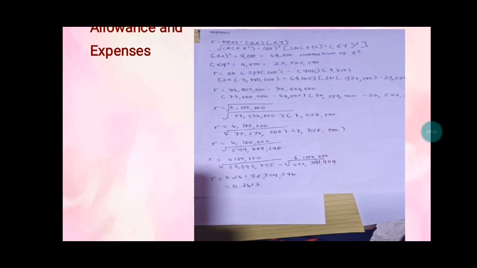Then, i-kakopy lang natin si R, si 6 million at si 100. Then, square root of 77,536,000. Ayan, yung total niya is, yung R computed natin is 0.2613.